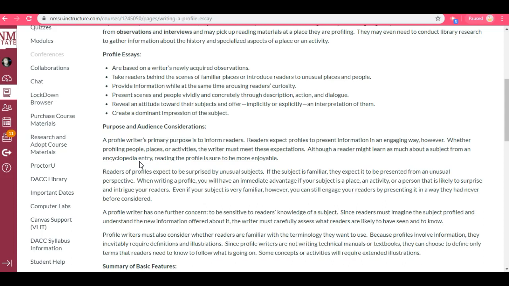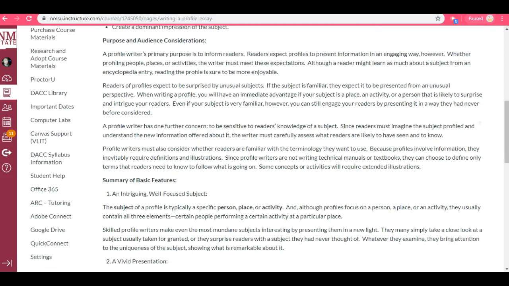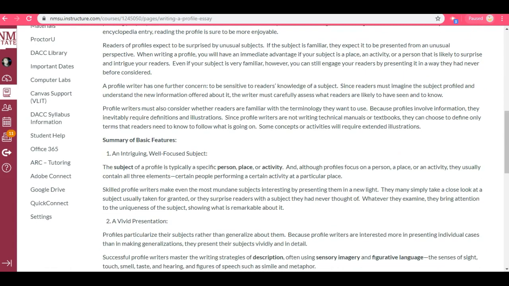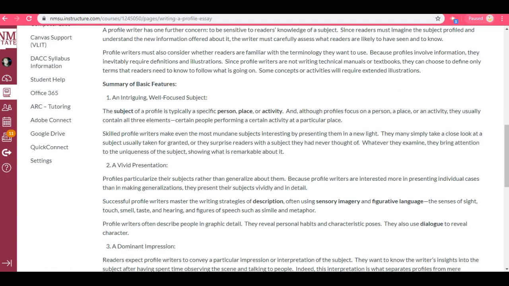So you definitely want to focus on the interesting aspects of the place you are talking about, right? Because again, it should be interesting for your audience to read. So that should be one of the first things you should think about as you're picking a place.